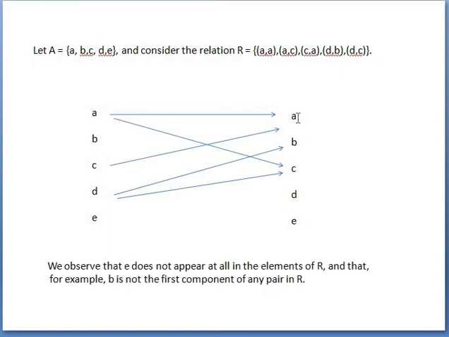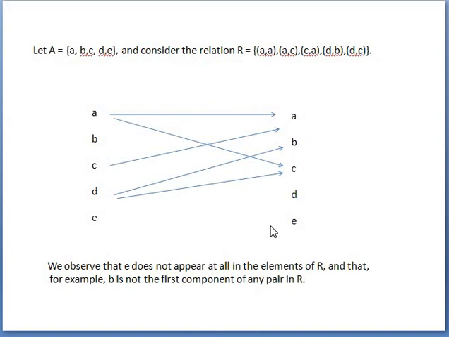So we observe that E does not appear at all in the elements of R, and that, for example, B is not the first component of any pair in R. Now if you notice this figure, you can see that B in the first set is not related to any element in the second set.